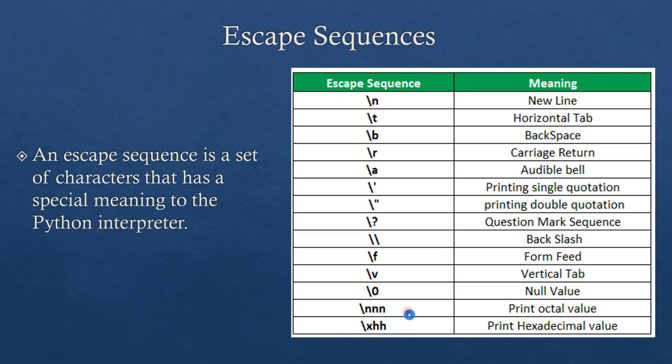Okay, so these are the escape sequences which will be used in a print statement within double quotation. Within double quotation, whichever you print, that will be printed as it is. Suppose if you want to change that, that is called an escape sequence. Suppose if I give this \n within double quotation, it will leave a line. It will not print this as it is.